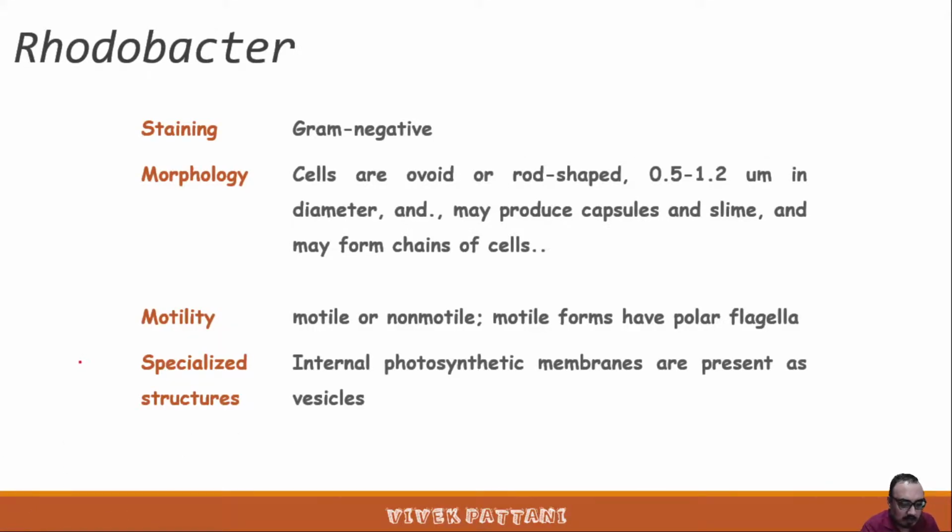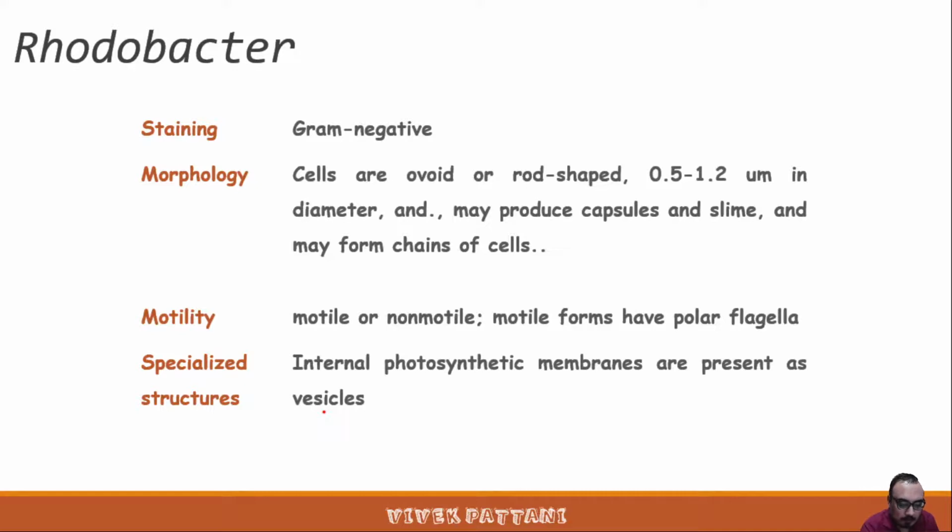Now the next one is Rhodobacter, which belongs to the family Rhodospirillaceae. They are basically purple non-sulfur bacteria, and cultures appear orange-brown to purple-red under anaerobic conditions. So these are the general properties of the family Rhodospirillaceae.